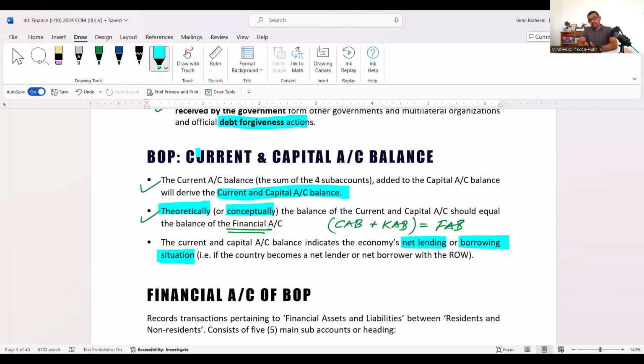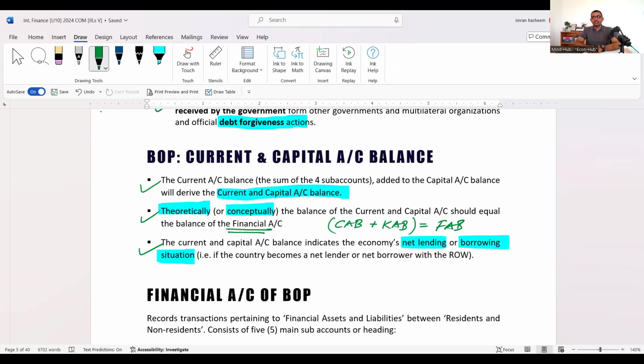In the financial account, if we have more assets and if we have created less borrowings, less debt, that means that we have performed well in the current and capital account. So our performance in the current and capital account will reflect through the net lending, net borrowing requirements shown in the financial account. Right. Again, I'm going to ask one more time.